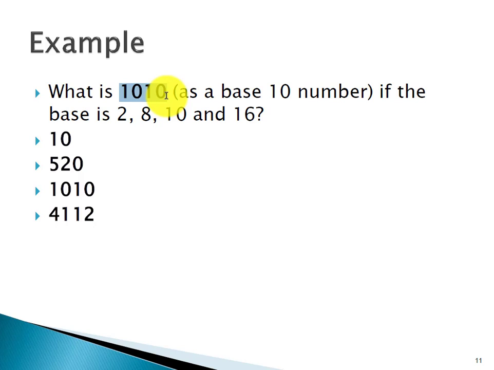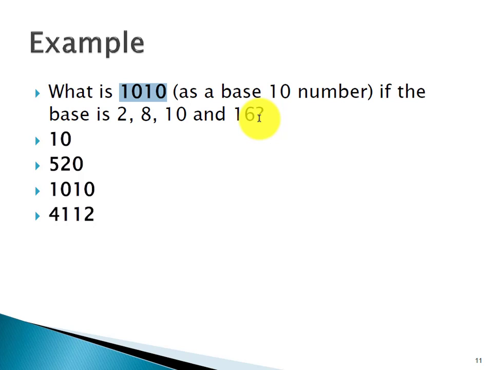All you've got to do is simply take this number, assume it's in base 2, put it in the positional notation formula, and the result will give you the number in base 10. So the question here says, take this number, assume it's in base 2, convert it to base 10. Then assume it's in base 8, convert it to base 10. Then assume it's in base 10, convert it to base 10. Assume it's in base 16, convert it to base 10. So how do you do it?